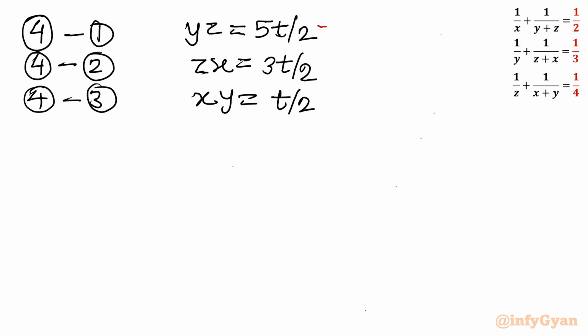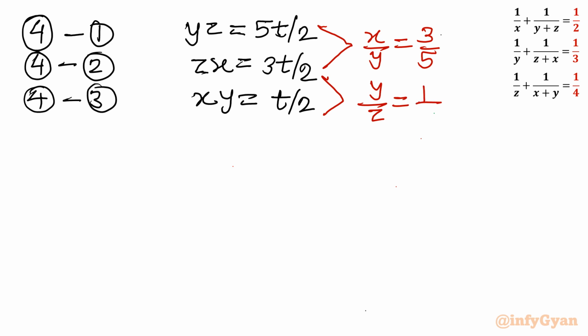Now I will take ratios, divide. Once I divide these two, suppose I am writing x over y. Divide second from first. So x over y will be equal to 3 over 5. If I divide these two, then y over z is equal to 1 over 3. If I divide third with first one, then x over z is equal to 1 over 5.